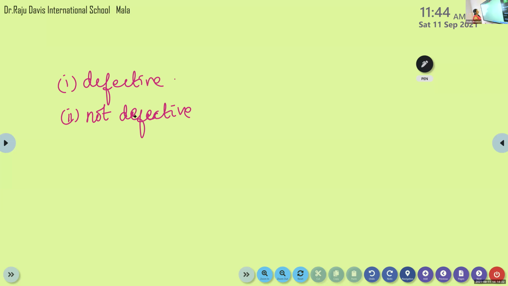It is given that 10 defective pens were mixed with 132 good pens, and we are taking one pen. What is the probability that it is a defective one? Second one, which is not defective.